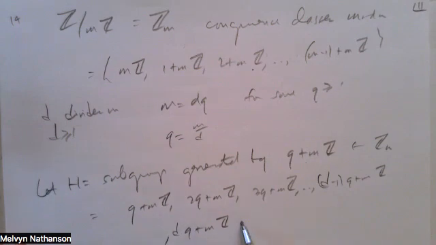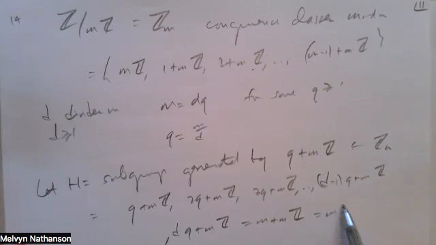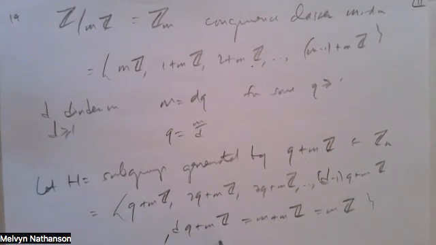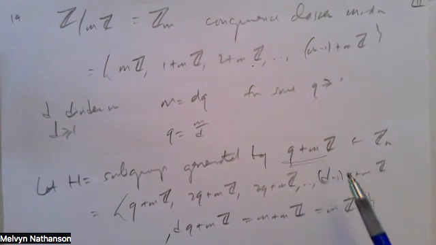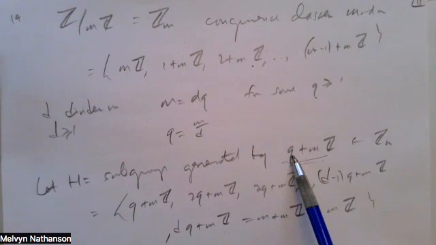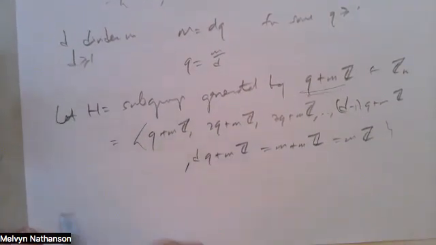But DQ is equal to M, and M is 0 mod M. So this is mZ, which is 0 plus mZ. So here I have exactly D elements, and they form a subgroup. It's the subgroup generated by this one element. And the smallest multiple of Q which is 0 is D times Q. So this is a subgroup of order D.